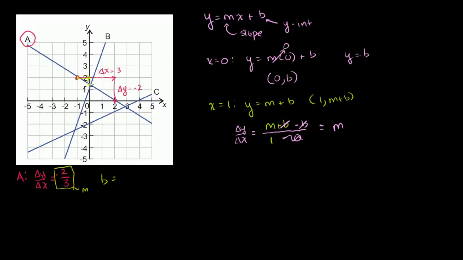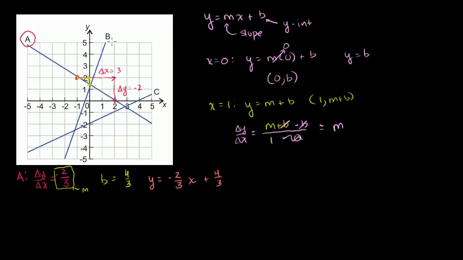So this right here must be the point y is equal to 1 1/3, or another way to say it, 4/3. A little bit more than 1, about 1 1/3. So we could say b is equal to 4/3. And so we'll know that the equation is y is equal to m, negative 2/3, x plus b, plus 4/3. That's equation A.